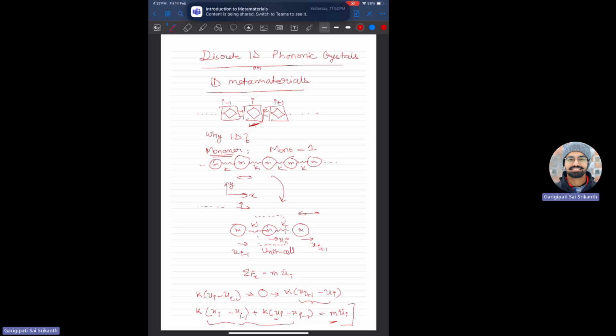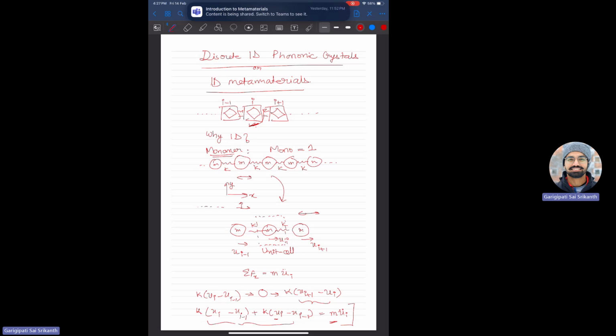Then we elaborated on what 1D is. 1D basically means that there is 1 degree of freedom inside the unit cell. Let's say this is one unit cell and it is connected to the next and the previous unit cell.